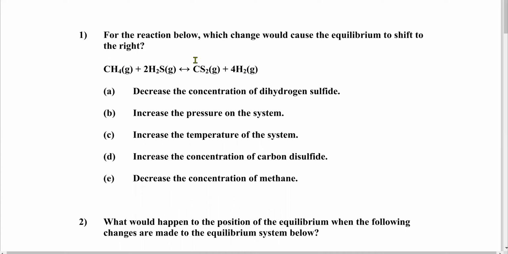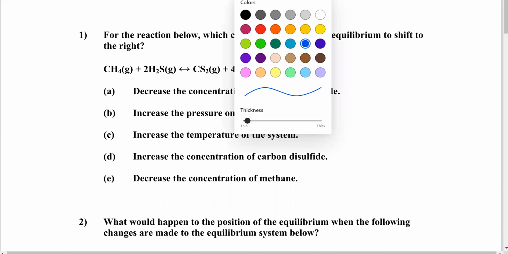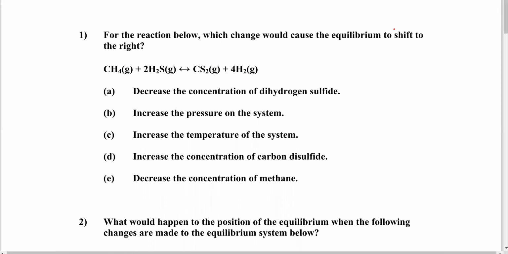You want the equilibrium to move to the right, right? So A would, because we decrease dihydrogen sulfide, 2H2S, right? That would make it go to the right more. No, you're decreasing the concentration.